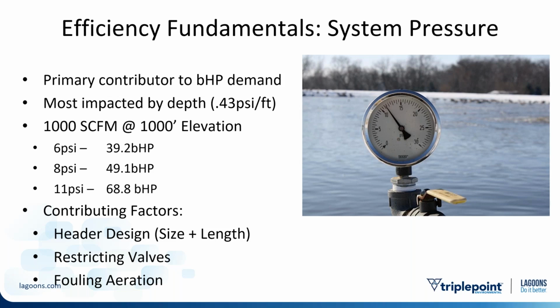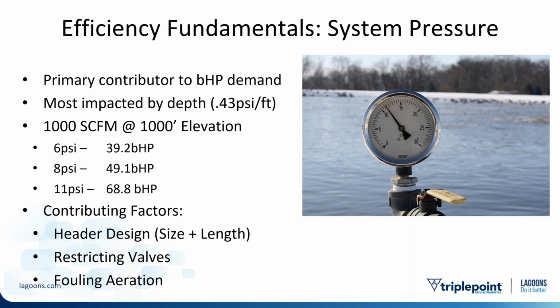So if you look at a typical plant, well, again, made up 1,000 SCFM and made up elevation, this might be in, I don't know, Illinois, 1,000 feet of elevation. If that plant was run at 6 psi, it requires 40 horsepower. If it's run at 11 psi, it requires almost 70 horsepower.